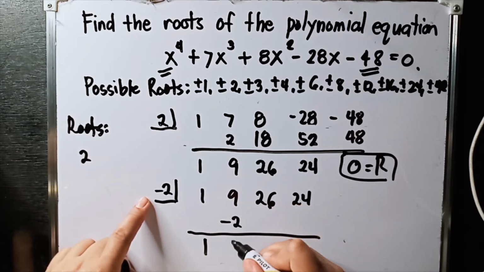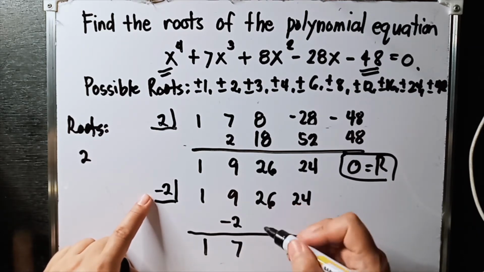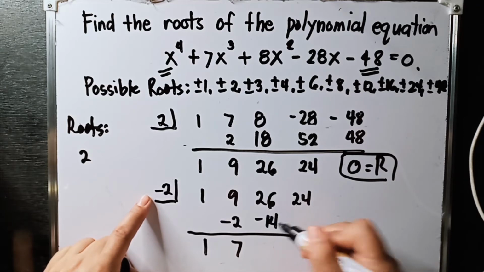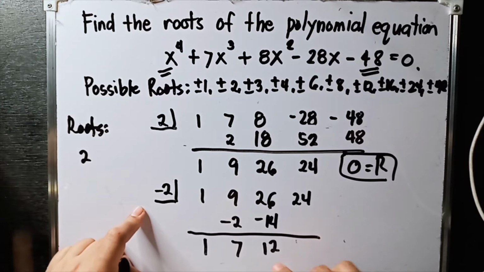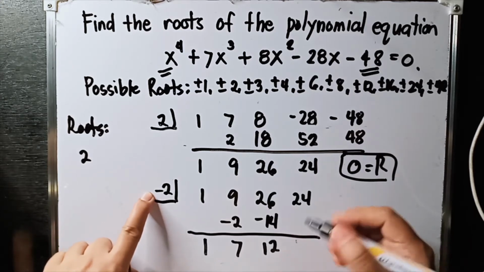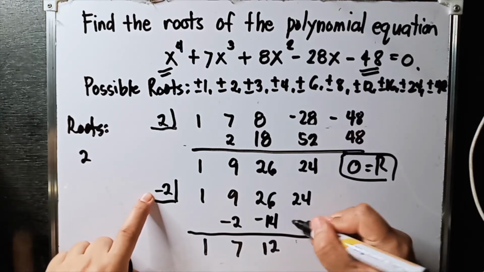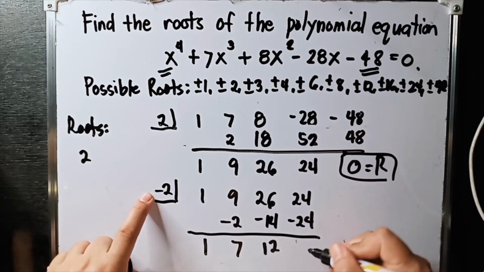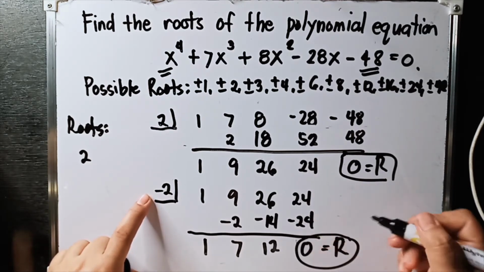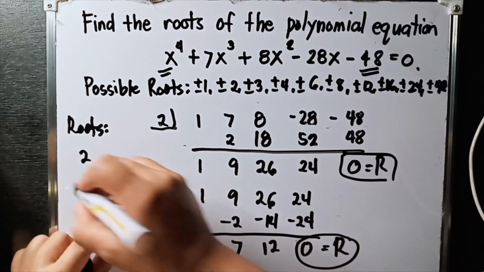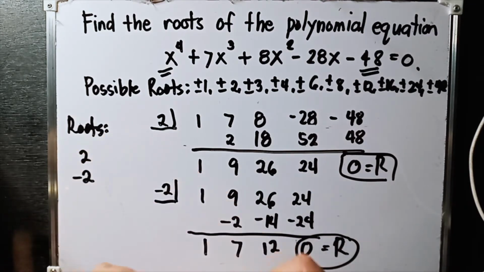We add, we have 7. 7 times negative 2 is negative 14. We add, we have positive 12. 12 times negative 2 is negative 24. We add, we have 0. Again, we have 0 for the remainder. So it means that negative 2 is one of the roots.